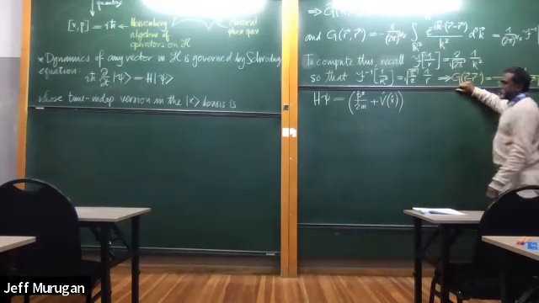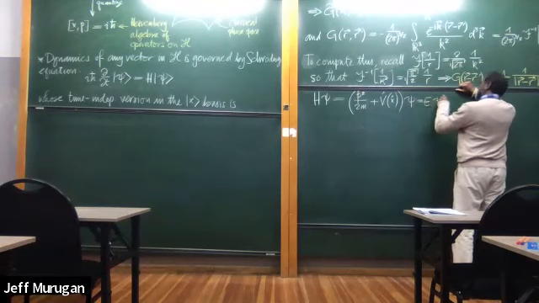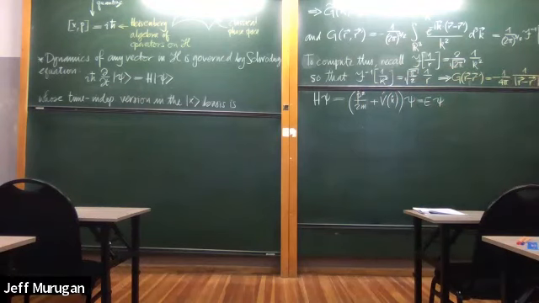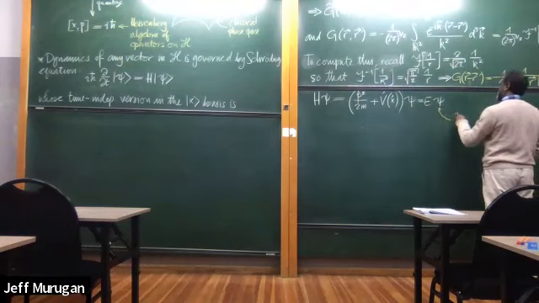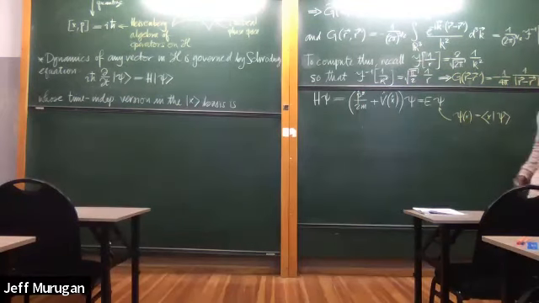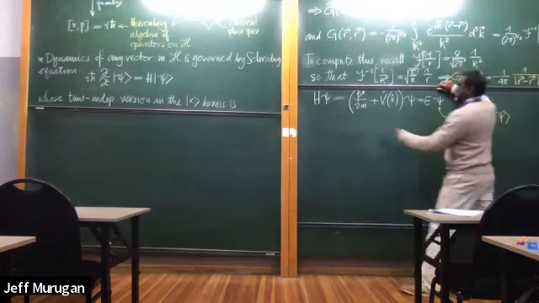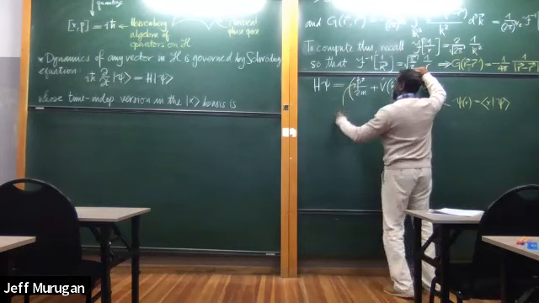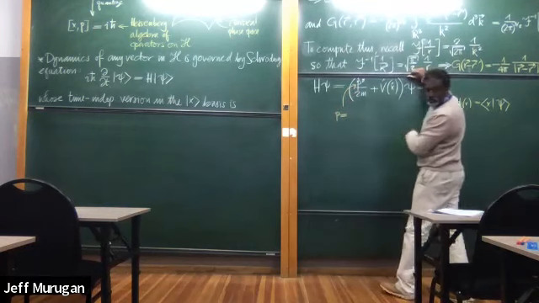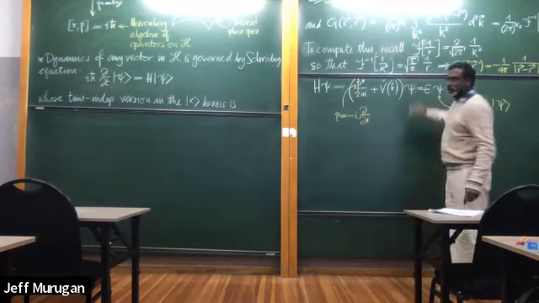The hat here indicates that these are all operators. H psi equals E psi. It becomes an eigenvalue equation where this psi of x is the projection of the vector psi onto the vector x. And this operator p here is minus i d by dx.